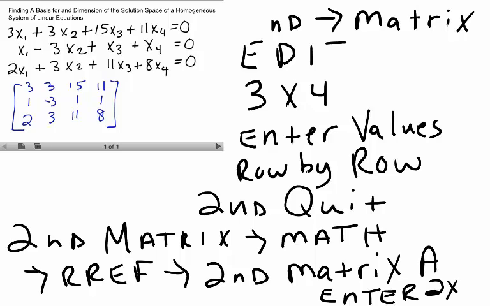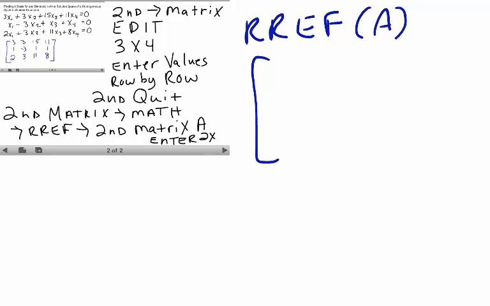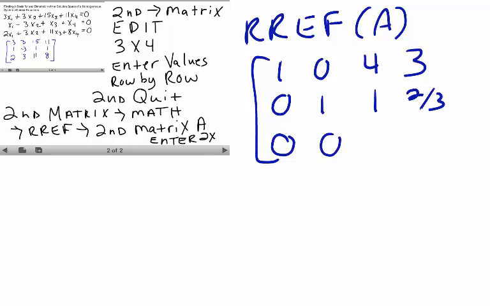This will give you the reduced row echelon form of the matrix, which is in row 1, 1, 0, 4, 3, row 2, 0, 1, 1, 2/3, and row 3, 0, 0, 0, 0.